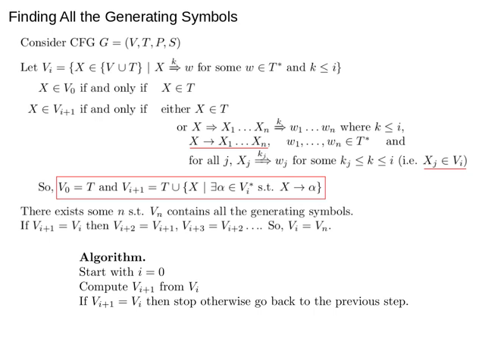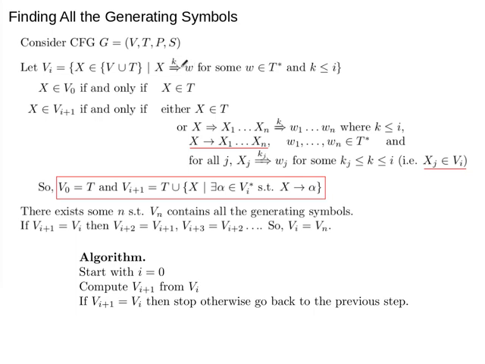Now our example was very simple, but as I said, in a practical situation you can have CFGs involving thousands of non-terminals. So here we discussed a systematic way of finding the generating symbols and finding the reachable symbols, so that we can remove all the non-generating symbols and non-reachable symbols.